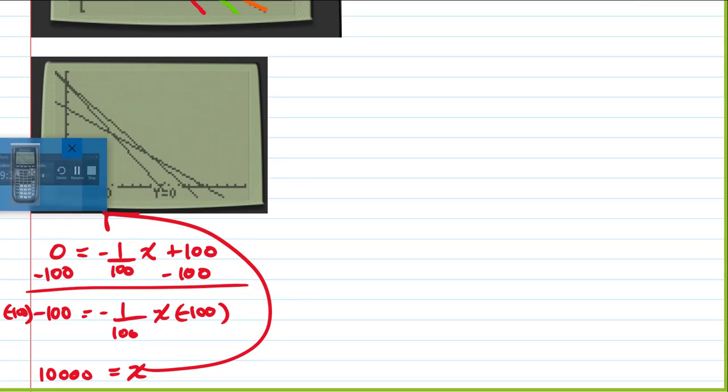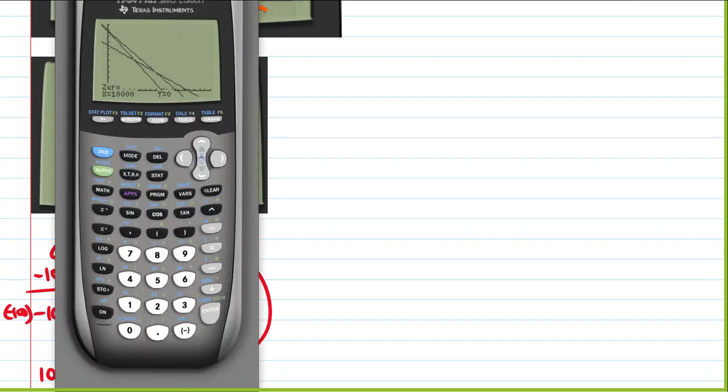We can do the same thing again on our calculator, but this time it got a little crowded at the bottom. So I'm going to go back to window, and I'm going to make my y-min a little bit smaller. I'm going to take it all the way down to negative 40, so that I can see on the other side a little bit better.